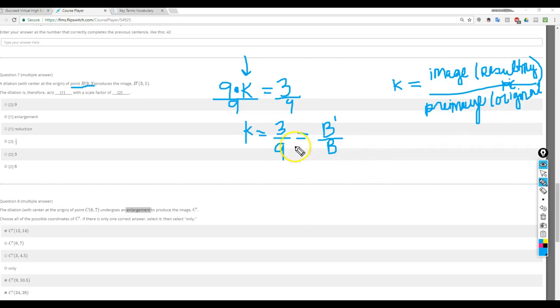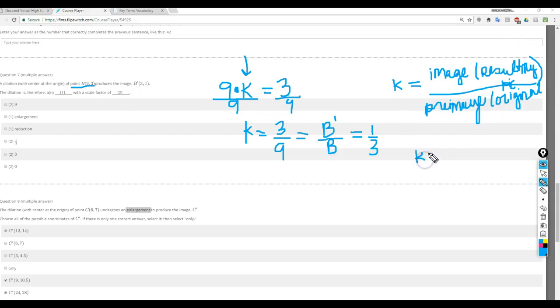So 3 divided by 9, that's how I would write it in my notes. So 3 divided by 9 is equal to 1/3.